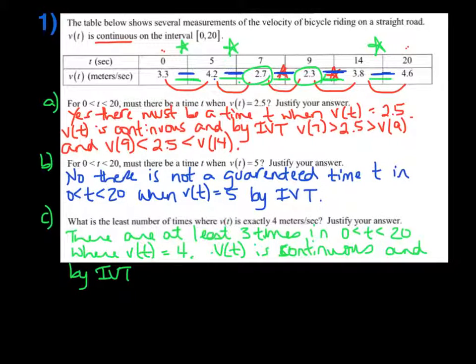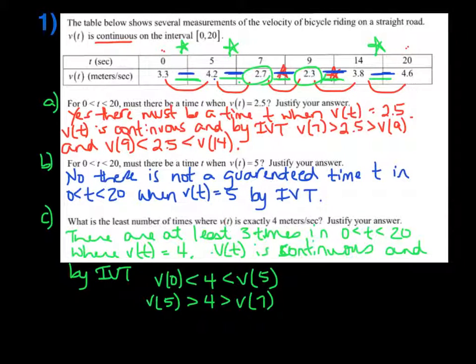So I'm going to name all 3 intervals. So the first one was v(0), and v(0) is 3.3, which is smaller than 4, which is smaller than v(5). Okay, let's name the next one. V(5), which of course is 4.2, which is bigger than 4, which is bigger than v(7). And last one is between 14 and 20 seconds.